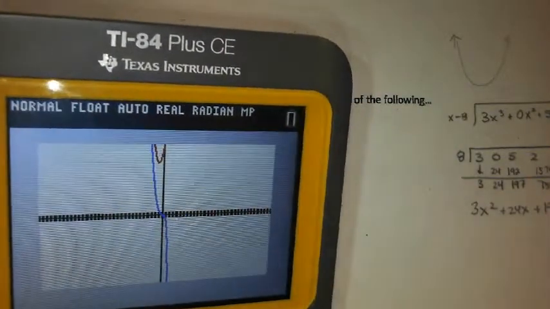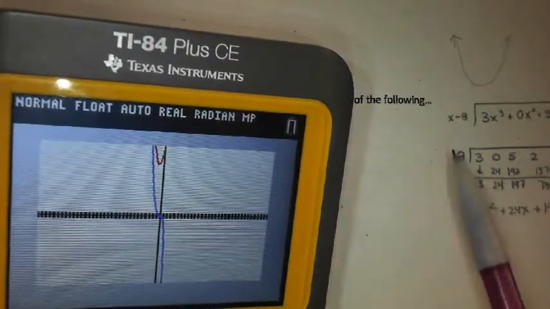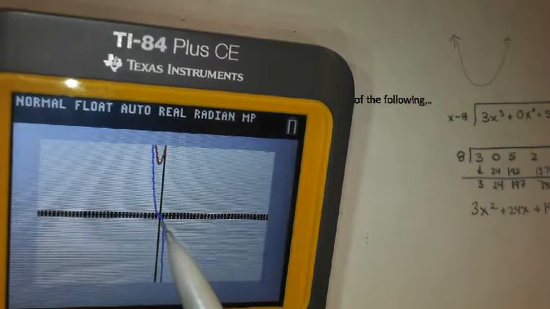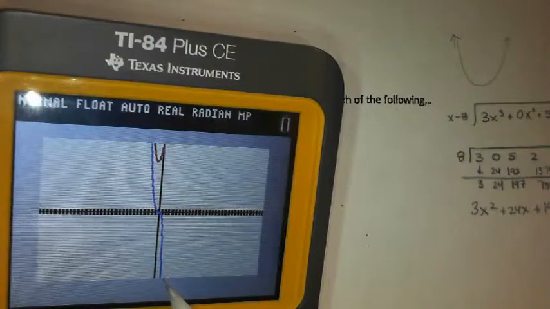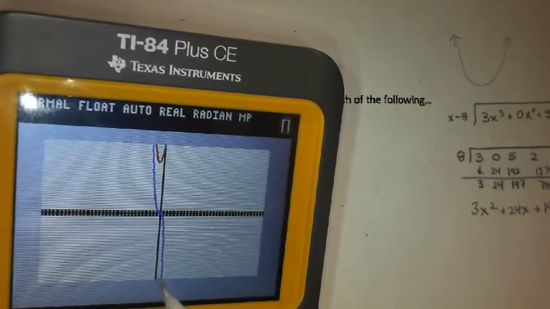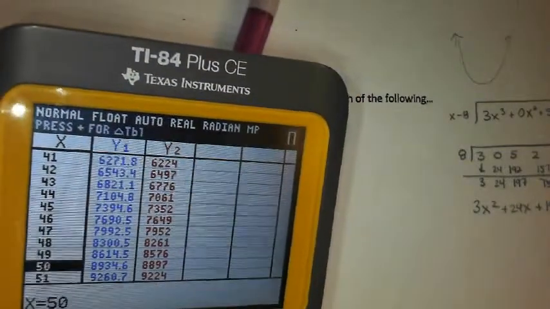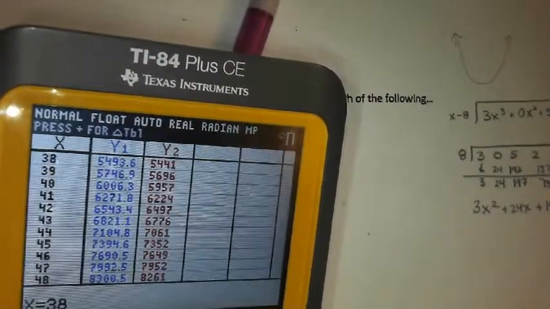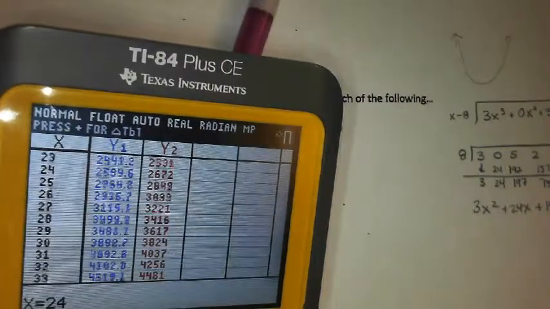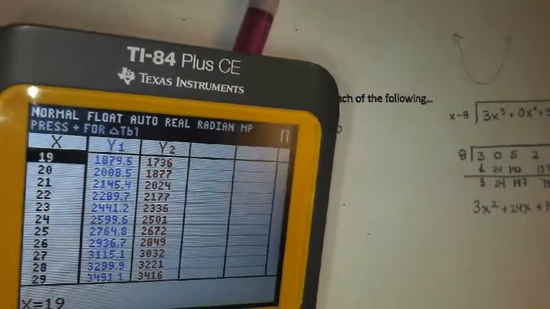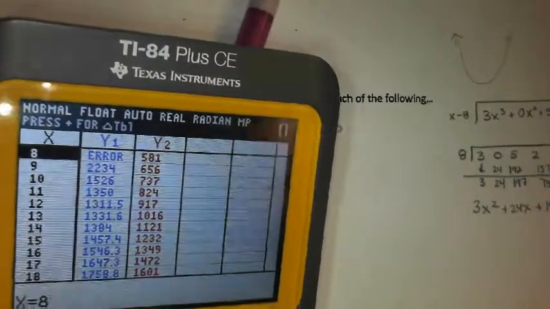So, hear me out here. When I go from 0 to 100, am I correct in that those are showing me negative values, but these are showing me positive values? Is it because it's so far off the graph? $2,000. Is it because the numbers are just so big? Oh, yeah.